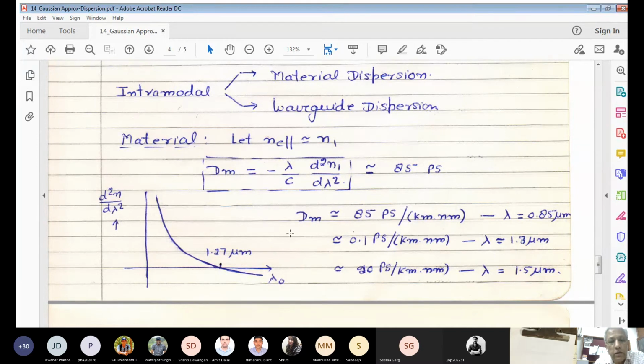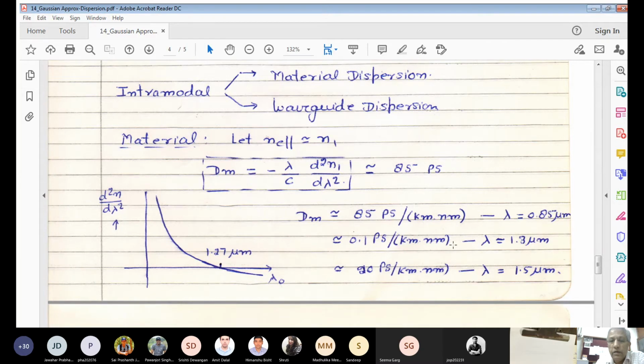However, for silica material, if you plot d square n by d lambda square as a function of wavelength, then this second derivative becomes 0 at about 1.27 micron. So around this wavelength, the material dispersion in silica fibers is extremely small, and in fact at about lambda equal to 1.3 micron, the material dispersion is 0.1 picosecond per kilometer nanometer.